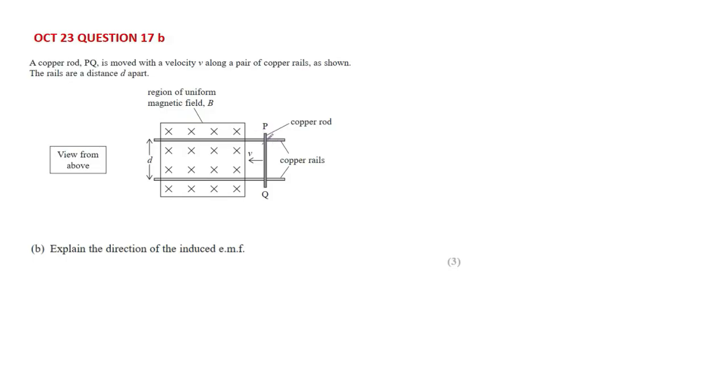So what was the change causing this current? It was the movement of this rod to the left, right? So there has to be a force opposing the movement. So the magnetic force on the copper rod would be to the right, in the opposite direction to the motion.